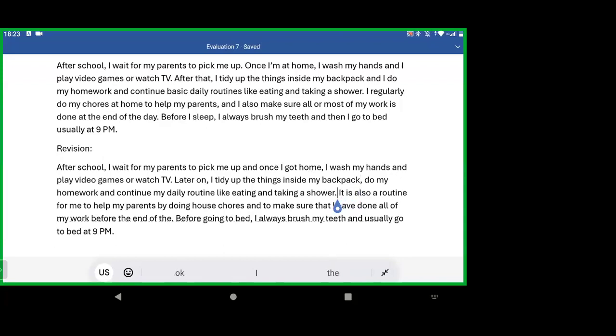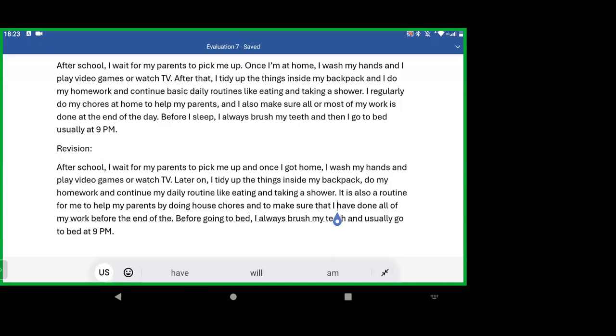And then I regularly do my chores at home to help my parents, and I also make sure all or most of my work is done at the end of the day. Okay, so again, this is a variety of how you would word things.